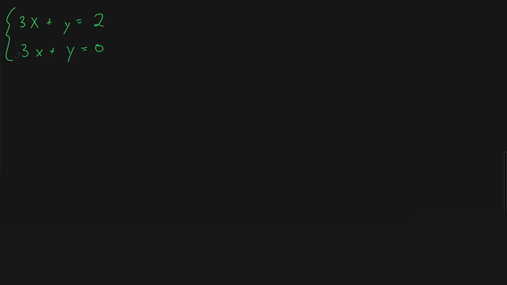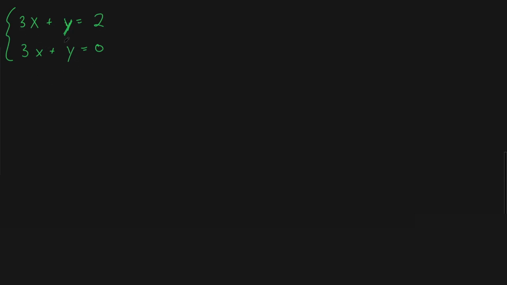All right, so we've got another system here, 3x plus y equals 2, and 3x plus y equals 0. So this is already a little suspicious. These two sides look the same, but the right-hand number is different on each one. So if you think this through and try to guess some answers, you would see that you're going to end up with a problem.